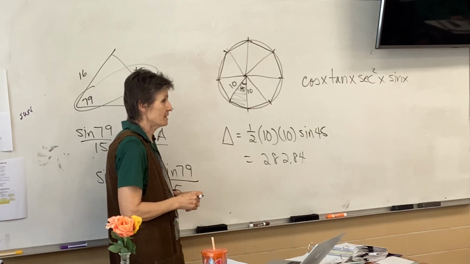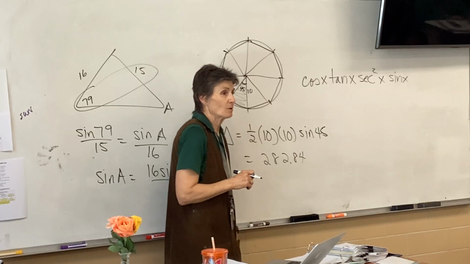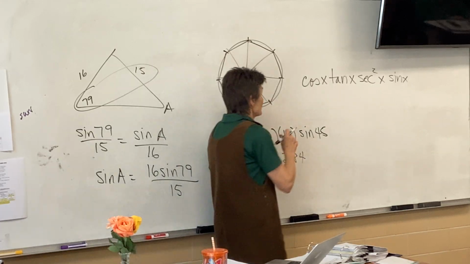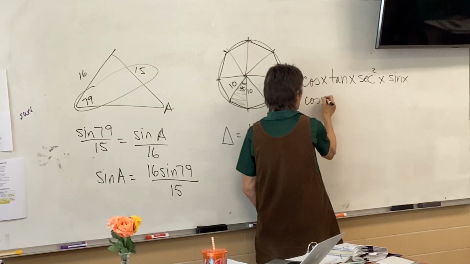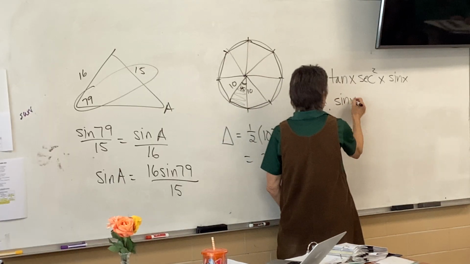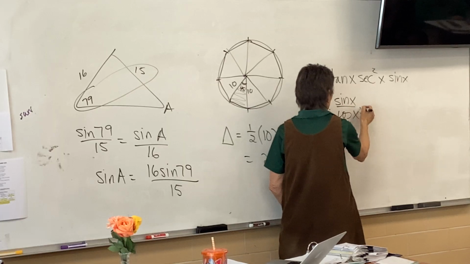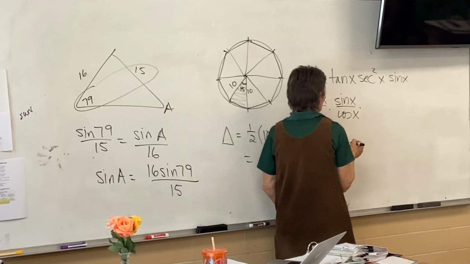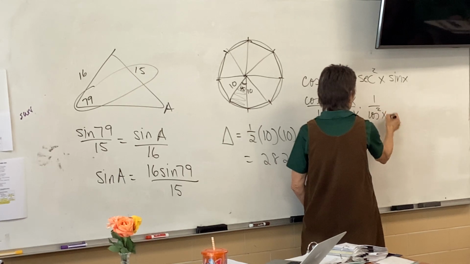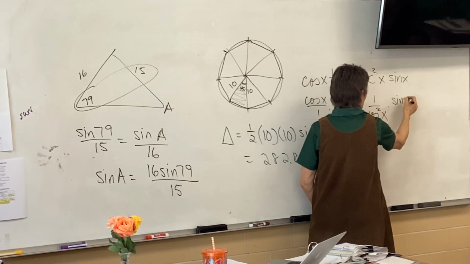We're going to simplify this. Now, what do you remember? Do you remember that we don't do anything with sines and cosines? So sine and cosine are going to stay the same. Tangent is sine over cosine. Secant is 1 over cosine, and secant squared is 1 over cosine squared. When we get these formulas, yes.